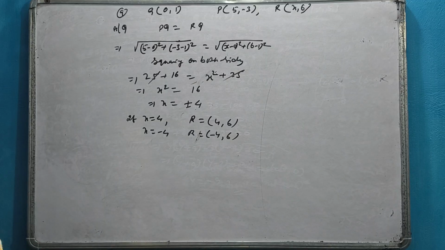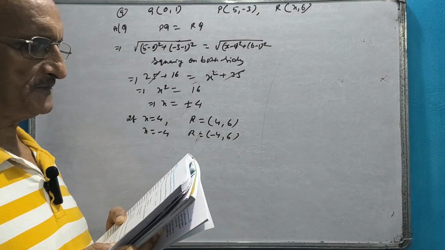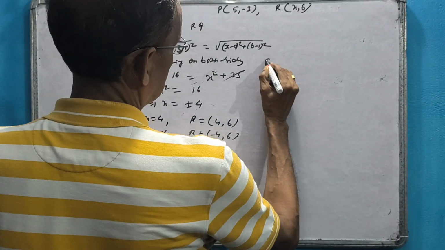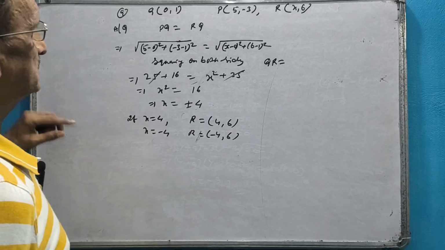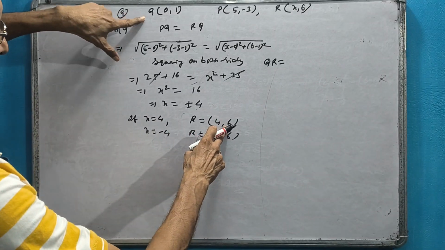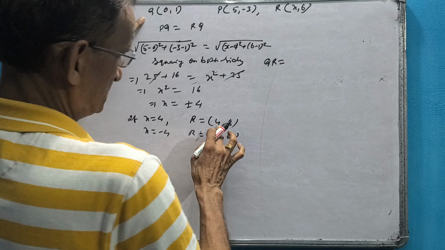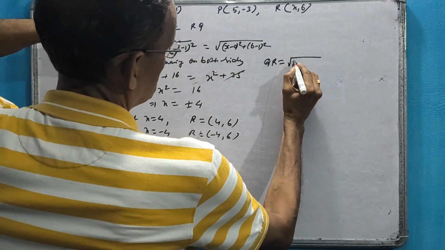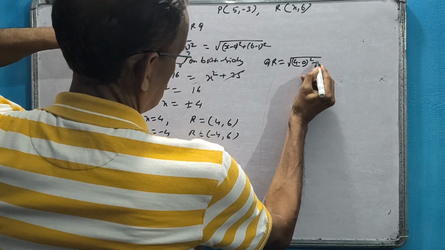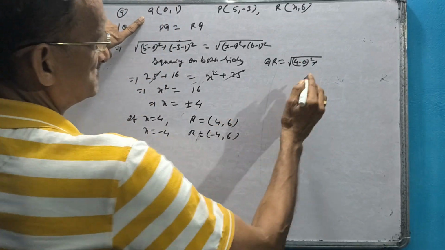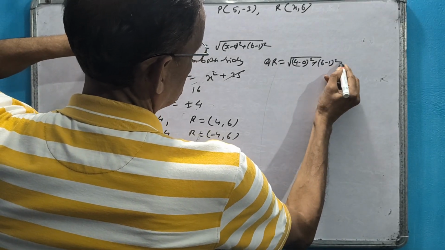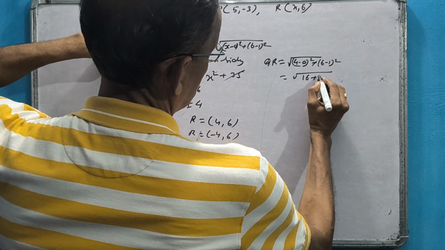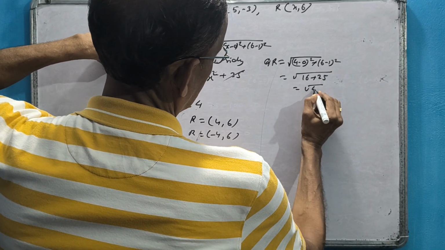Now the second part: also find the distances QR and PR. So first we need to find QR, twice. If R is (4, 6), QR equals the square root of (4 minus 0) whole square plus (6 minus 1) whole square, which is 16 plus 25, equal to root 41.